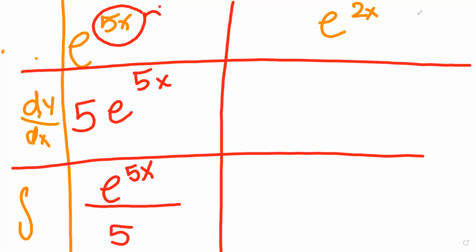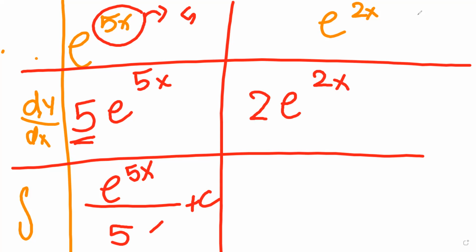Here the derivative of 5x is 5, so in the derivative you multiply by 5, and in the integration you divide by 5. As an example, for e to the power 2x, its derivative will be 2e to the power 2x, and its integration will be e to the power 2x over 2.